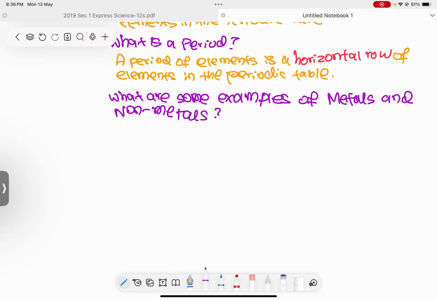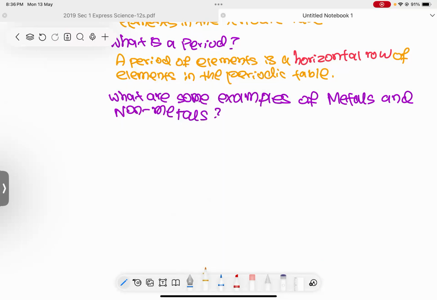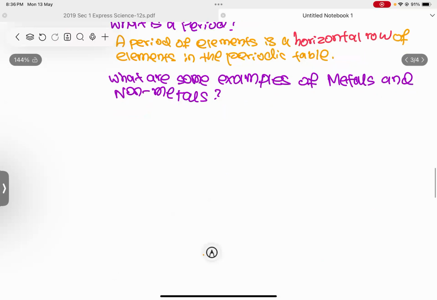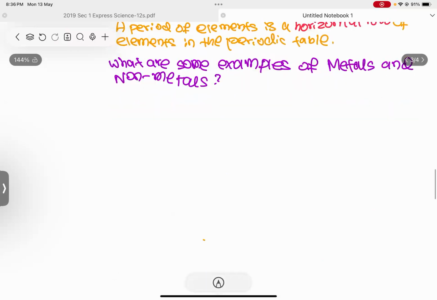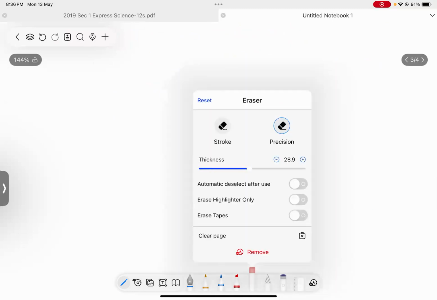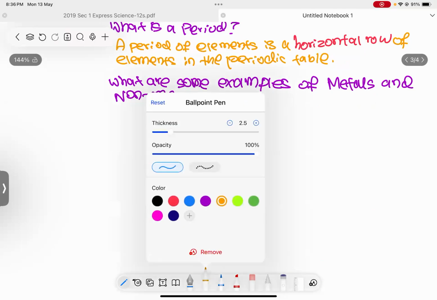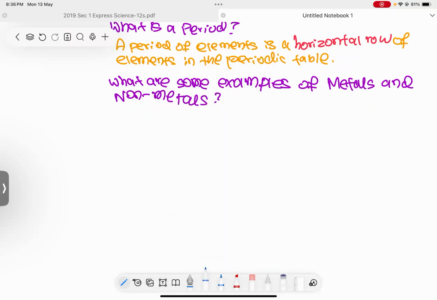Okay, so examples of metals, as I have told you, are copper, iron, zinc, and mercury.